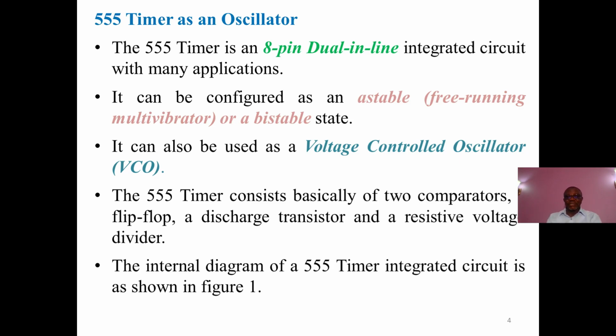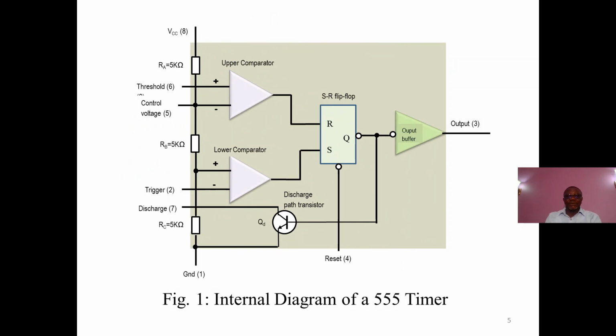The 555 timer consists basically of two comparators, a flip-flop, in most cases SR flip-flop, a discharge transistor, and a resistive voltage divider. The internal working diagram of a 555 timer integrated circuit is as shown in Fig 1. If you look at the figure here, inside the chip, this is what you see.